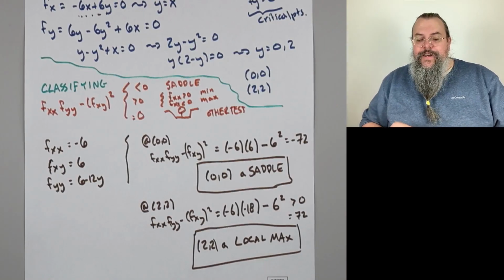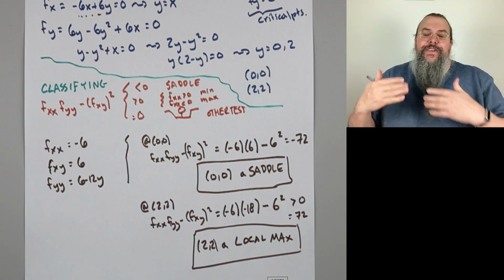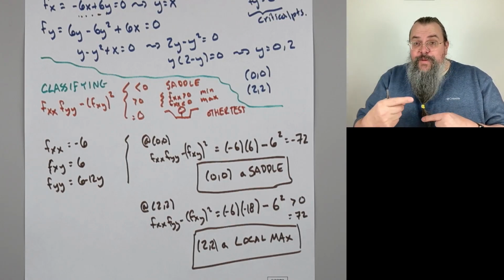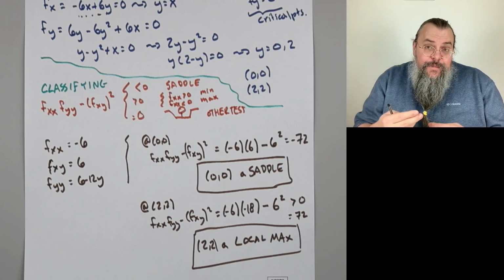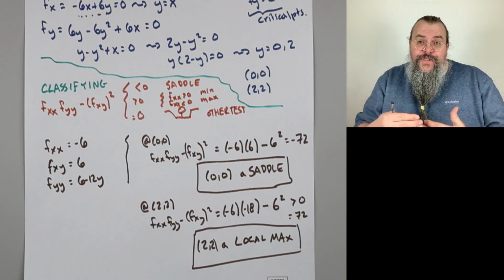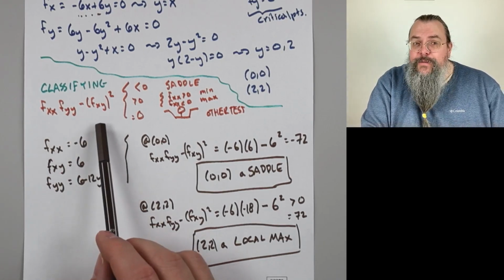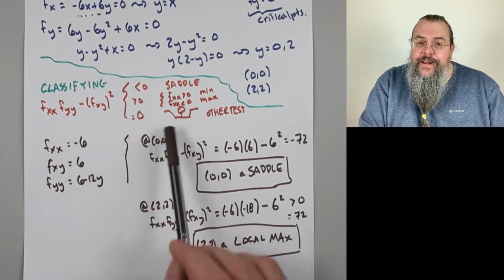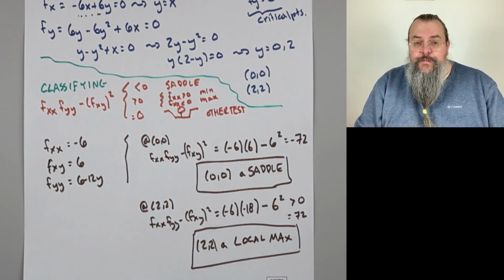Whenever it says local max, local min, saddle, you know there are two parts. First part is that the partial derivatives are equal to 0, solve. Second part, we go into the second partials test. This expression fxx fyy minus fxy squared, and we look at the signs of various pieces to help us distinguish what's going on with our different points.